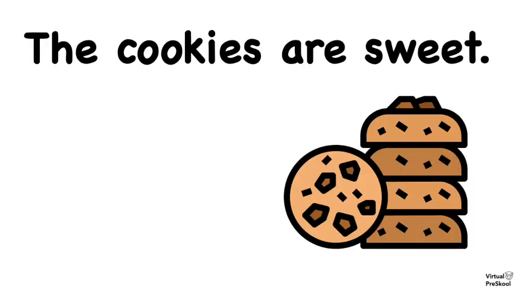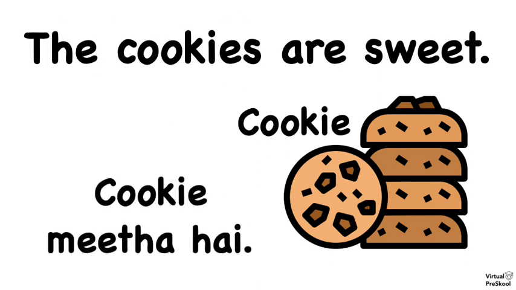The cookies are sweet. And if you're wondering, how do we say cookies in Hindi? It's just cookie. So the sentence is, cookie meetha hai. Cookie meetha hai. And again, for the parents that are watching, this video is intended for beginners who are building their vocabulary.